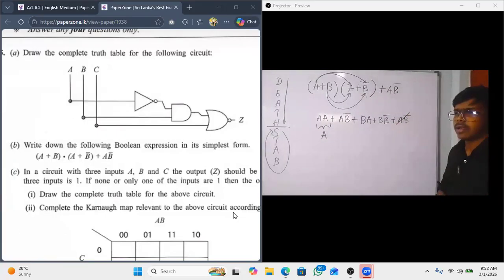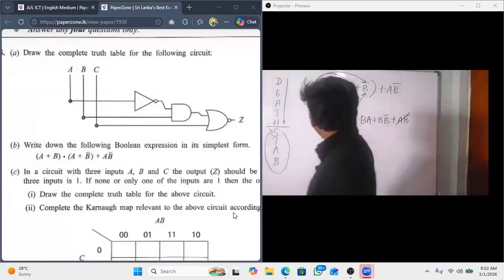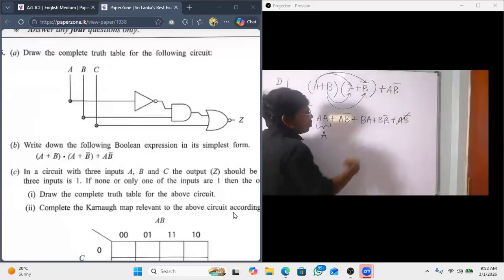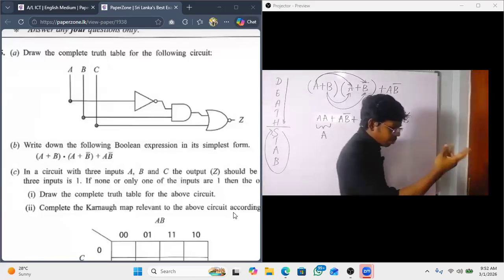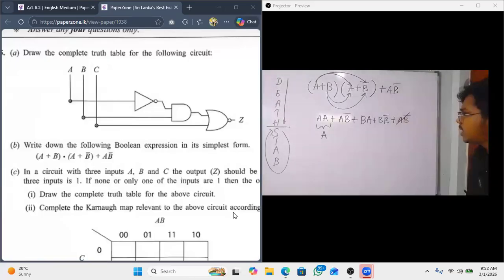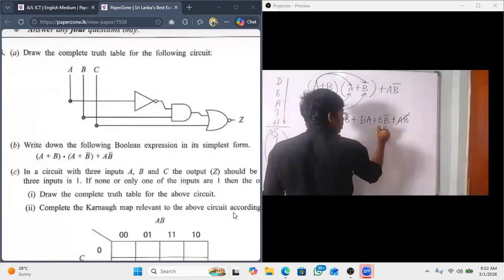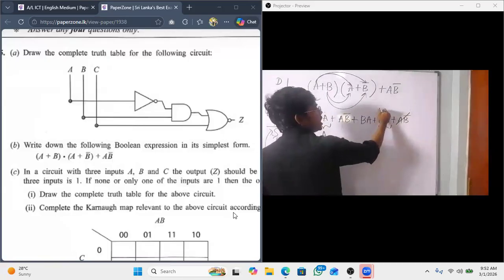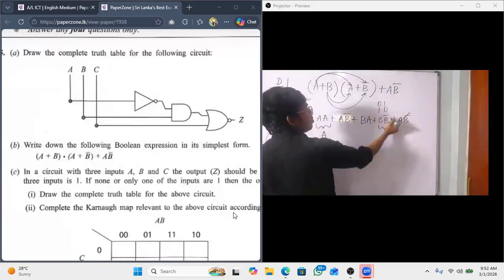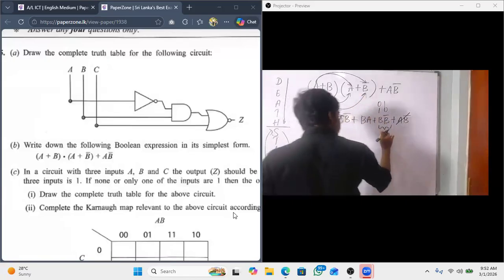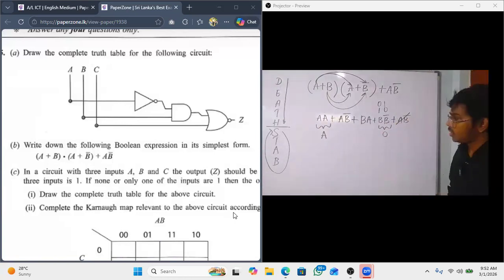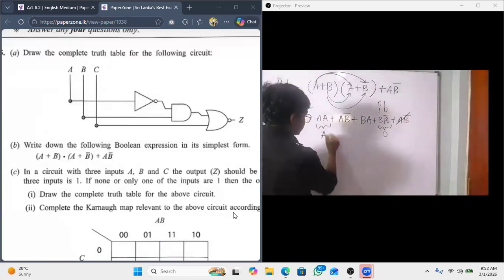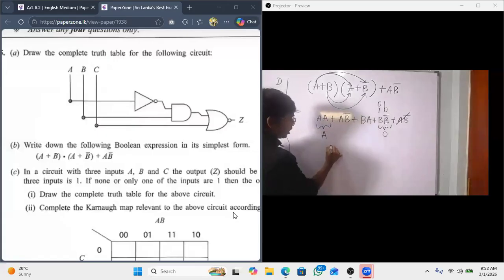We can cut one. And again here, B dot B bar. Multiplying with its opposite means it's zero. If B is 1, B bar is 0. If B is 0, B bar is 1. Any number multiplied by 0, the answer is 0. Now we can write the rest. So here we get A from here. Here we have A, B bar.